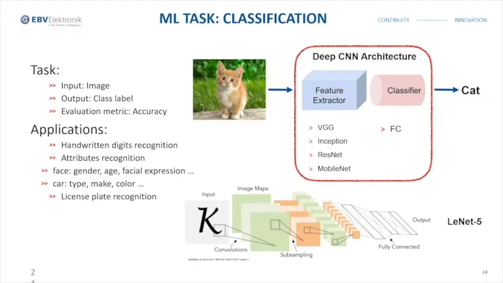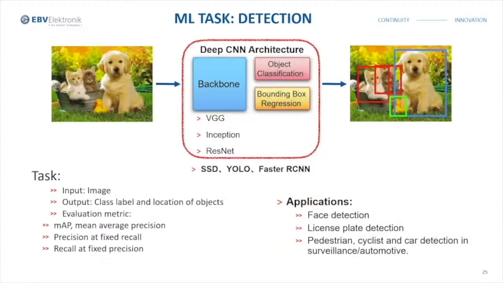A few examples are ResNet, MobileNet or LeNet 5. Here we've got a machine learning task called detection. We've got the input image, and as the output we are expecting the class label and the location of the object. For this one we are using different models like ResNet or Inception.